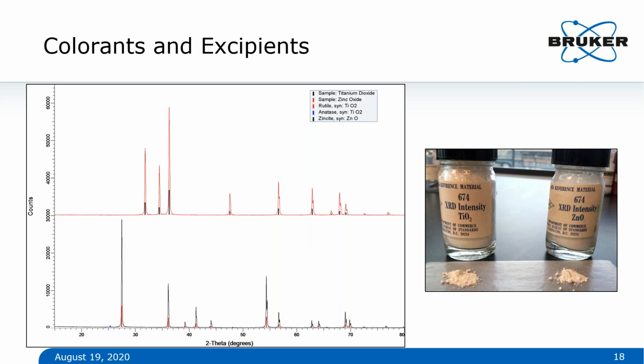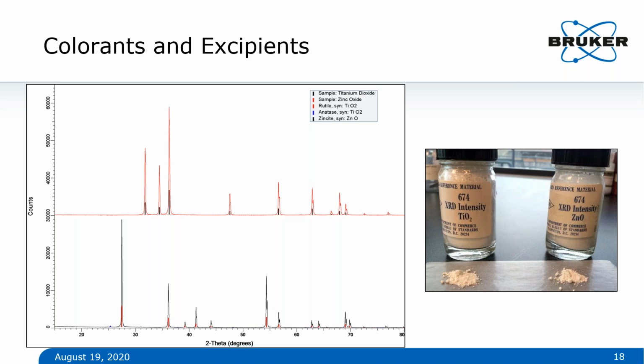And so this time we're looking at the peak locations as well as the relative peak intensities. So those peaks right there around 30 degrees, you can see that the biggest one is around 36, the next biggest one is around 32, and the third biggest one is around 34 degrees. So we see that they're all present and they are there in the right ratio. So pretty good sample here.